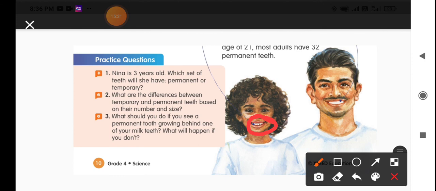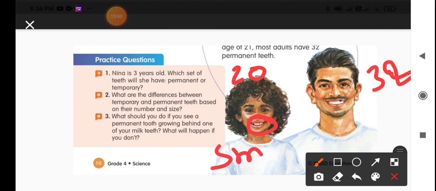What are the differences between temporary and permanent teeth based on their number and size? Based on number, temporary teeth are only 20 in number, whereas permanent teeth are 32 in number. And in size, temporary teeth are small, whereas permanent teeth are big. And the last question: what should you do if you see a permanent tooth growing behind one of your milk teeth?